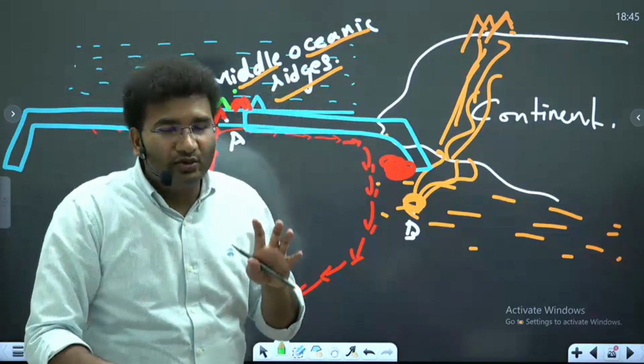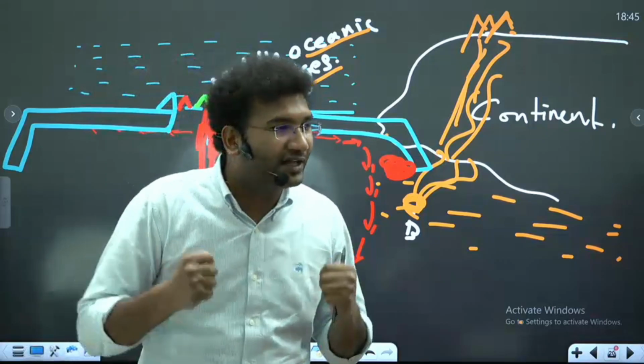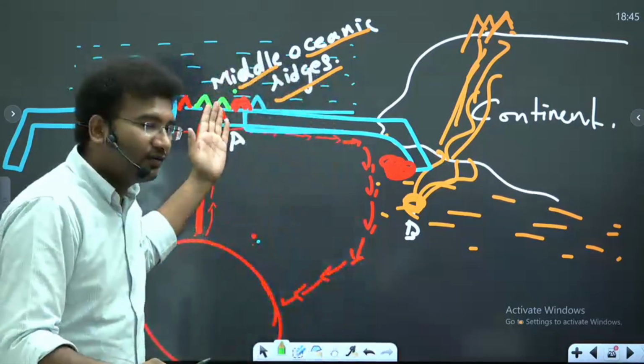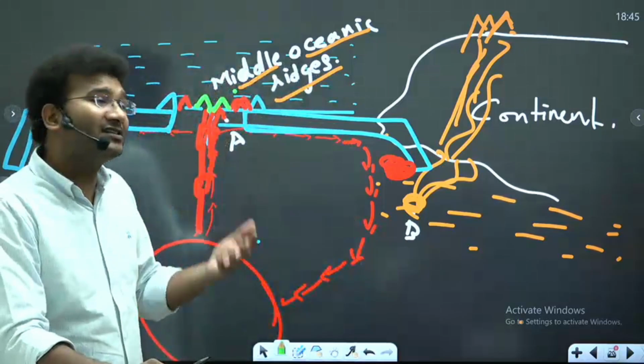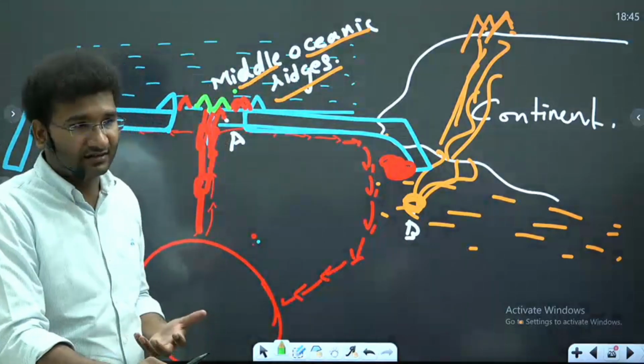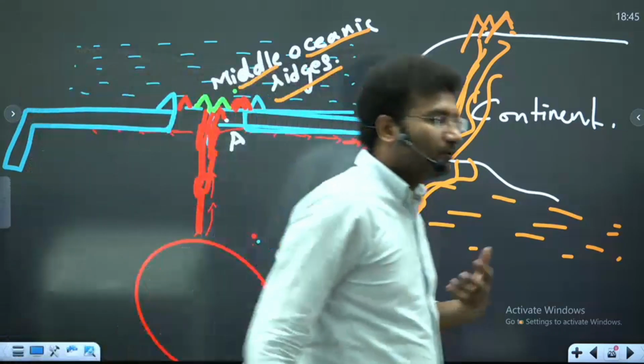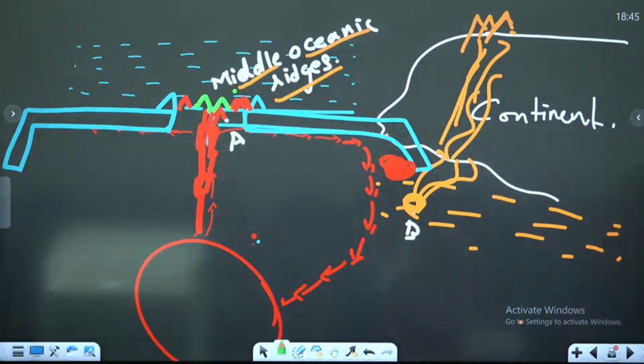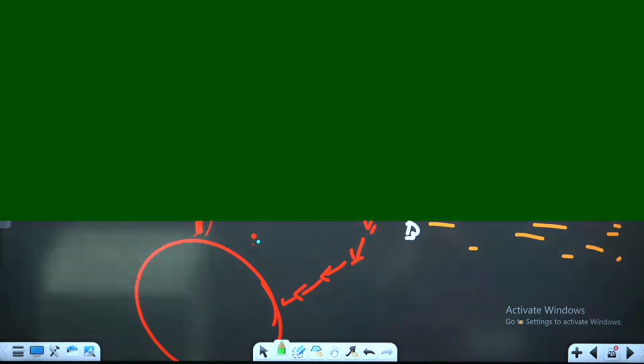Usually, the colder oceanic floor, the weight will be more, the density will be more. In younger oceanic floors, heat will be there. It takes little time for itself to cool down and change its structure. The more the cooling, the more changing of structures will take place.